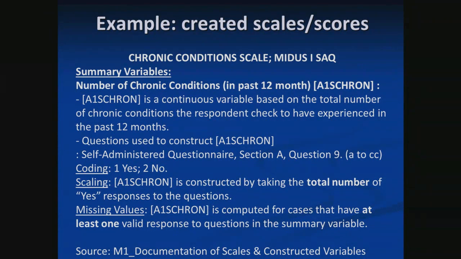Which means that if someone responded that they have 5 conditions, but they responded missing to heart disease, we assume that they do not have heart disease, right? Because we are assuming a 0, because if you add it up, you are assuming a 0. That might not be an assumption you want to make, okay? It might be an assumption, it might not be. You have to decide. That's a form of imputation.